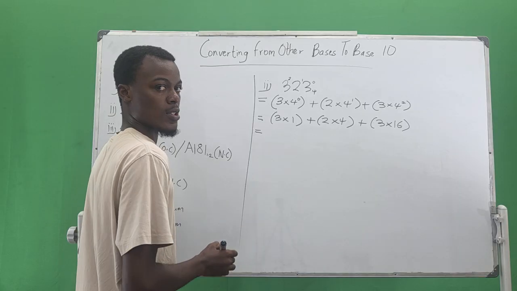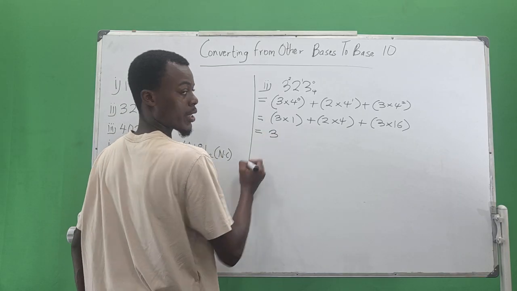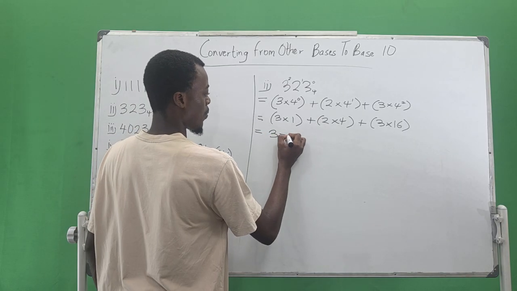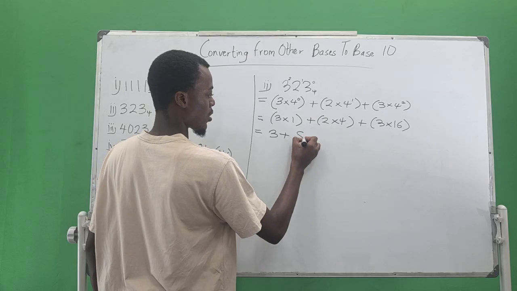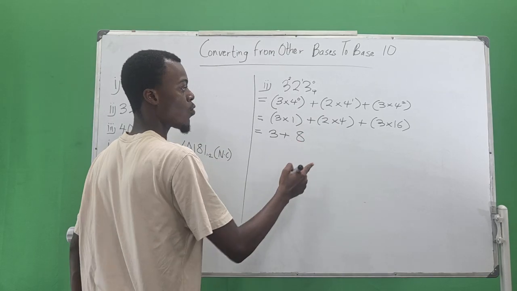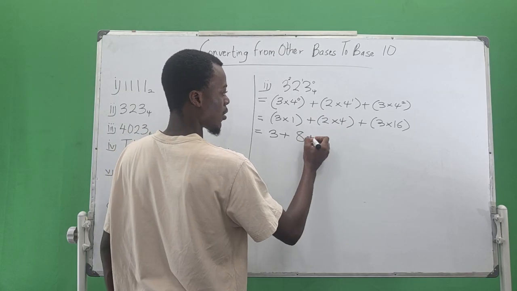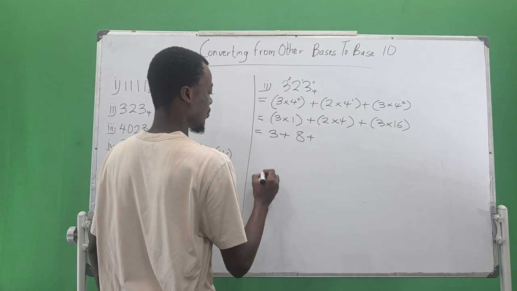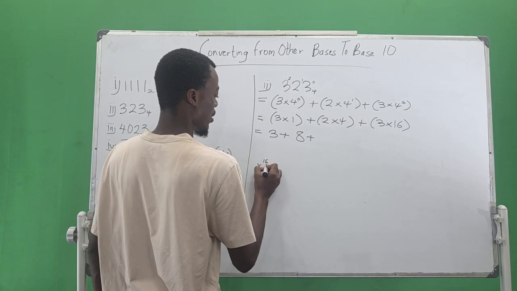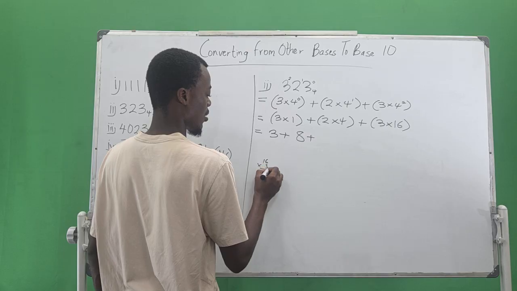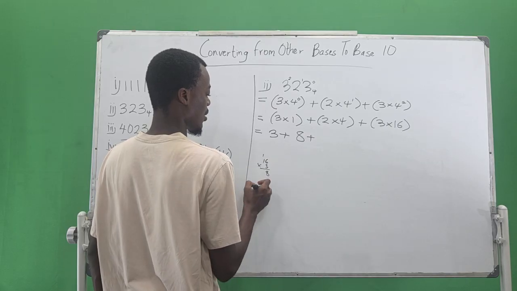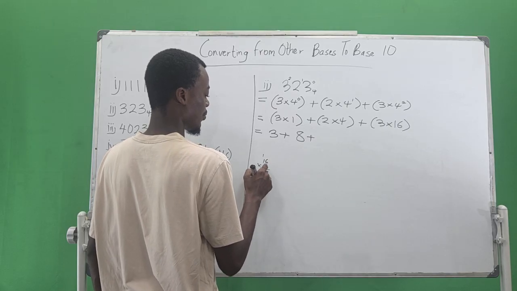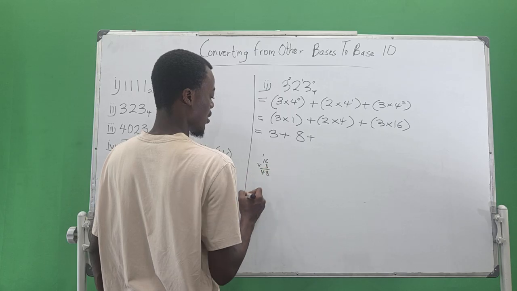Now 3 times 1 is 3, plus 2 times 4 is 8, and 3 times 16 is 48.